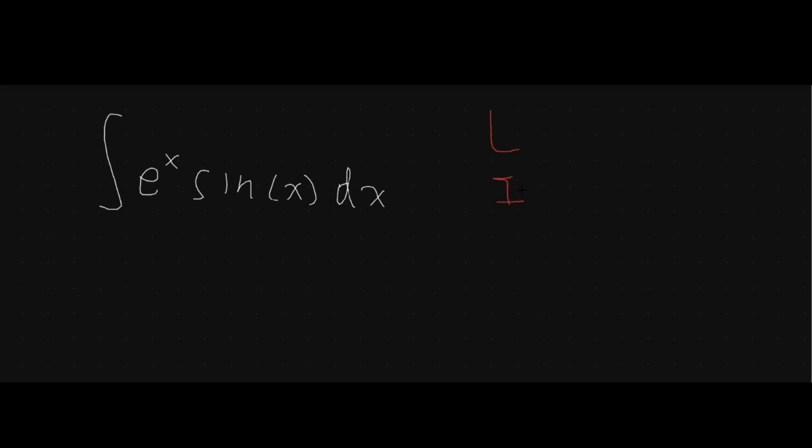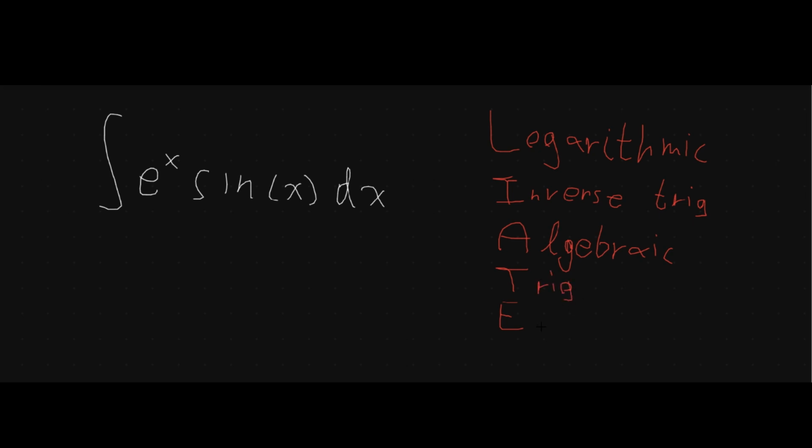this kind of word over here, LIATE. L stands for logarithmic, I stands for inverse trigonometric, A stands for algebraic, T stands for trigonometric, and E stands for exponential.